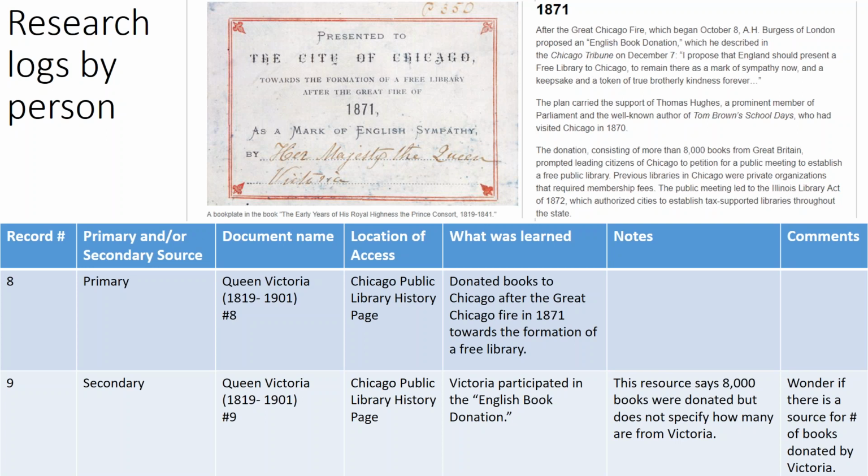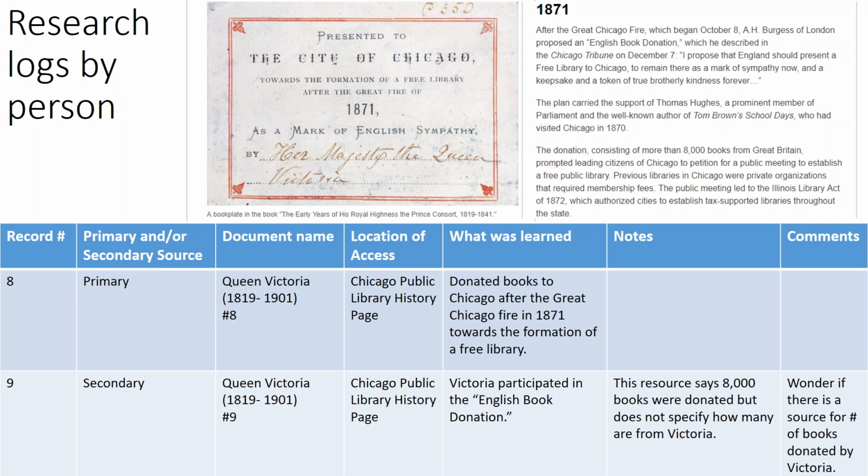So in the case of a research log, the naming scheme is always going to be who this research log is about, and in this case that would be Queen Victoria, dates associated with that person, and if it is a person, it's going to be the date of their birth to the date of their death, and then what number record it was.